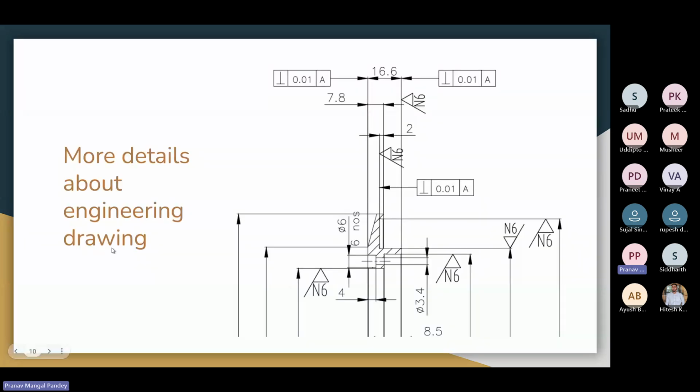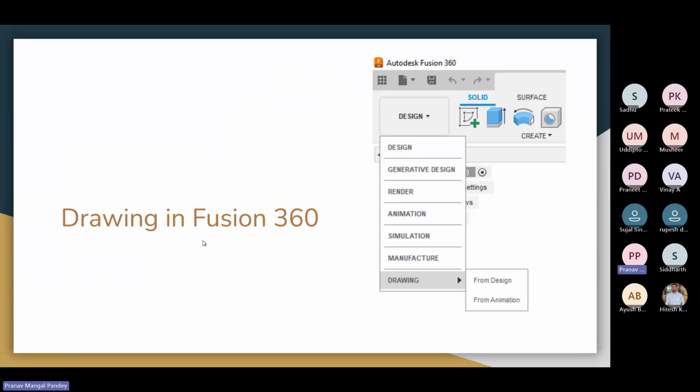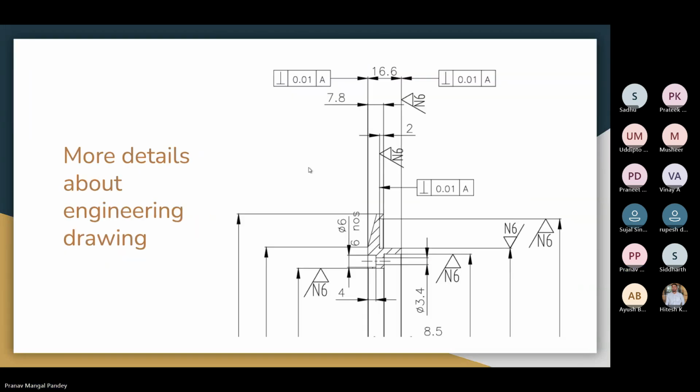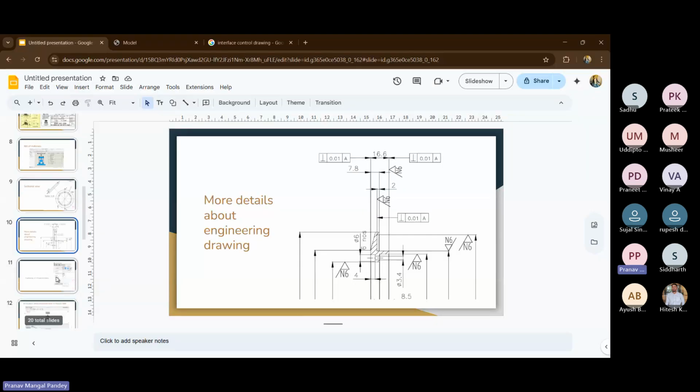And there are more details about engineering drawing. What you guys have to do is, there is a video. Let me see. I have not attached it here somehow.